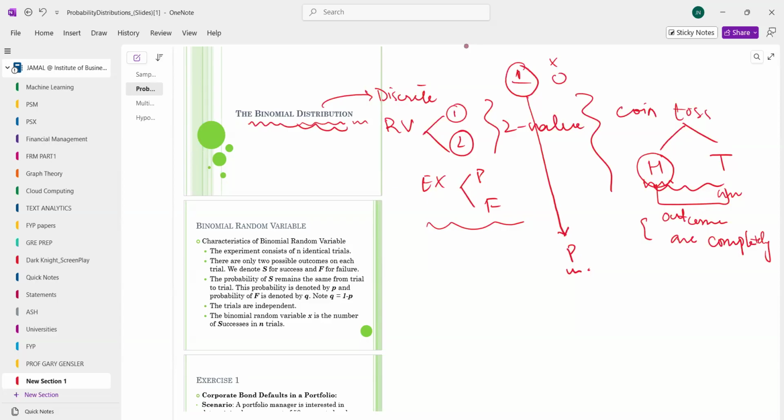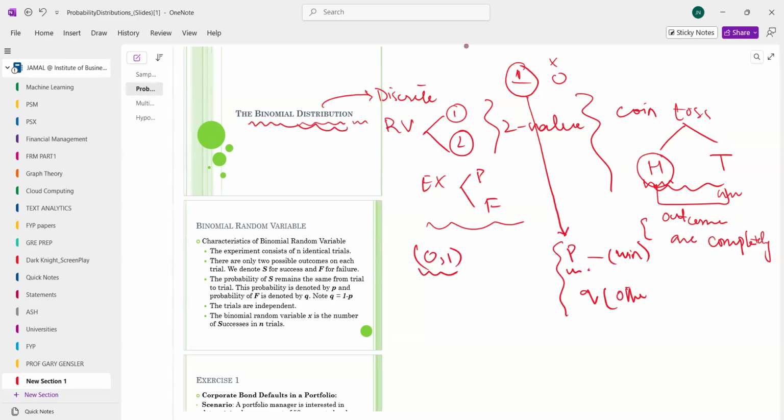If I'm in a match, I'm going to win or lose, so the probability will be for me to win, right? And I'll assign q to the other outcome, in which I'm not interested, or in which I'm going to lose. The rule of probability is that the range of the probability is between 0 and 1.